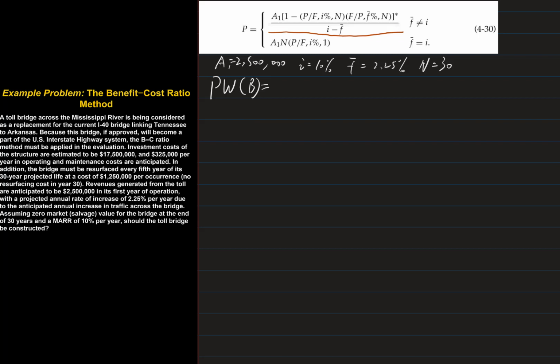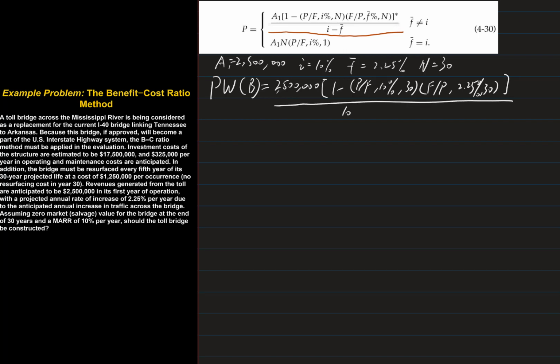We plug in those numbers: this A1 times 1 minus (P/F, 10%, 30 years) times (F/P, 2.25%, 30 years), divided by the discount rate, 10%, minus the fixed increase rate, 2.25%.